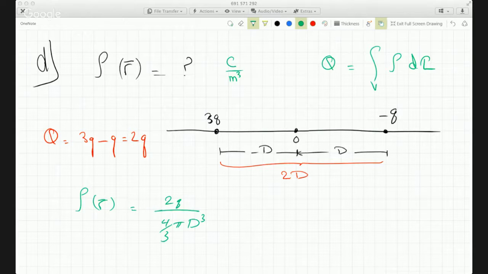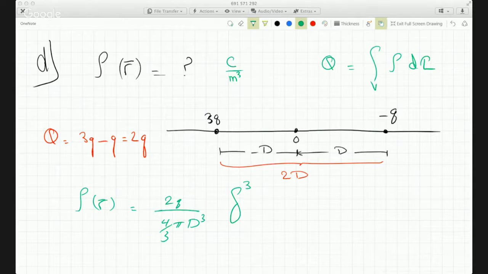But this is only on the surface, because this is on the surface of the sphere, because there's nothing in between minus d and d. So you need to qualify this with a Dirac delta function, right?